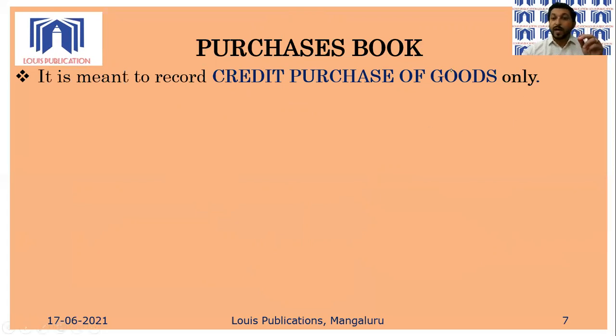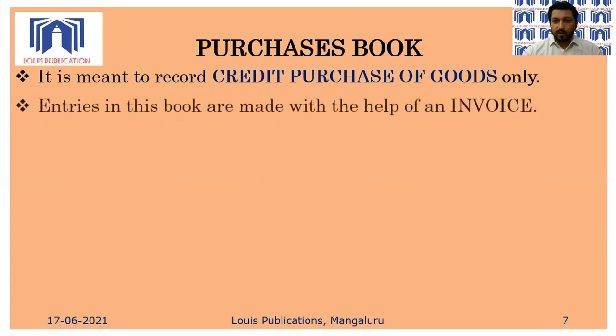Credit purchases of assets are not recorded in the purchases book. And also cash or credit purchases of items not meant for resale. Remember, goods are meant for resale. Items not meant for resale are not recorded in the purchases book. So in the purchases book, we record only credit purchases of goods. That's all. Only credit purchases of goods.